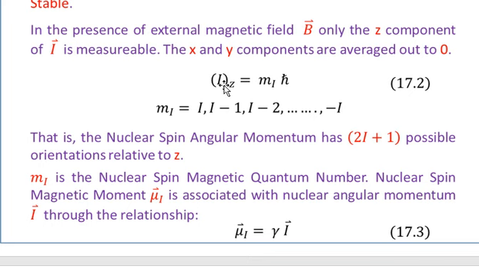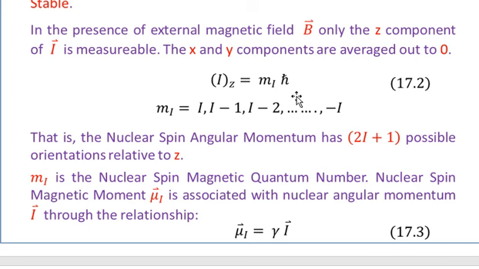So the Z component of I, as given in equation number 17.2, is equal to Mi into H bar. You see that we have been given such a relationship for the orbital quantities and for the spin quantities related with the electrons. Now I am giving you the same relationship but for the spin angular momentum of the nucleus. So equation number 17.2 gives you the Z component of the spin angular momentum, which is equal to Mi into H bar.